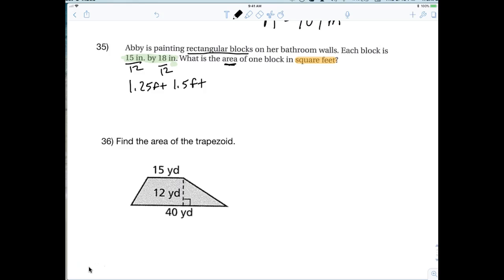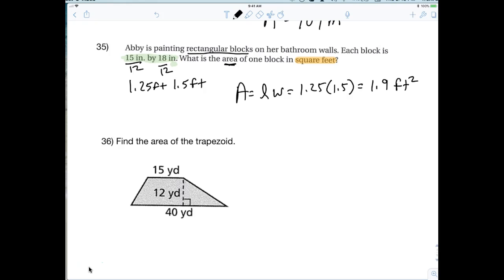Seriously. Yeah, base times height or length times width. So area equals length times width, which is 1.25 times 1.5. Somebody multiply that. About 1.9 square feet.